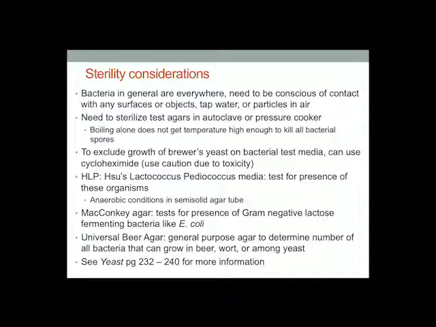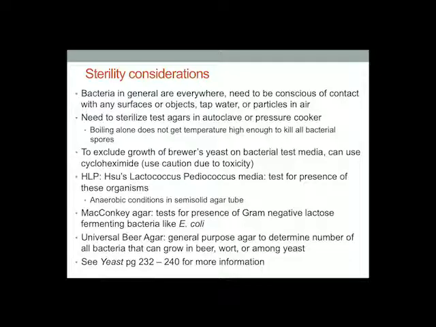When looking for the presence of bacteria, and you want to use a selective agar, you would typically use a test media that contains cycloheximide. Cycloheximide is a toxin that prohibits the growth of brewer's yeast, and it allows bacteria like Lactobacillus and Pediococcus and wild yeast to grow on your media.